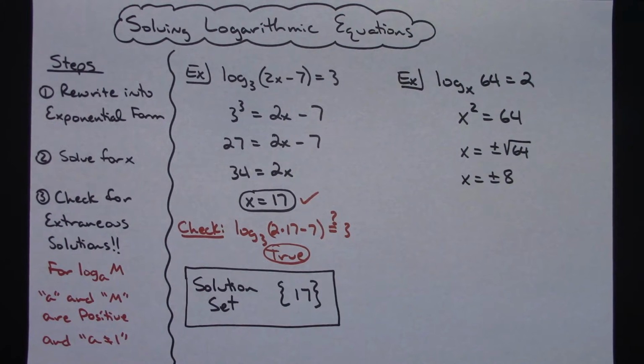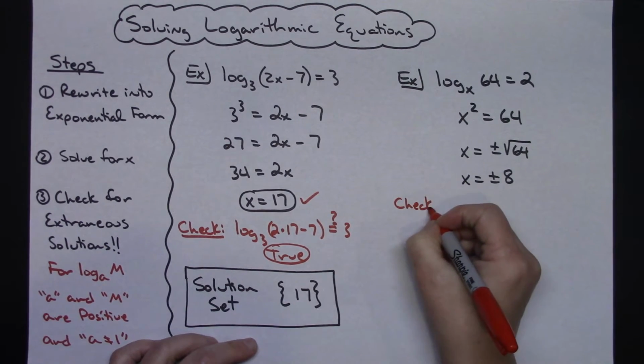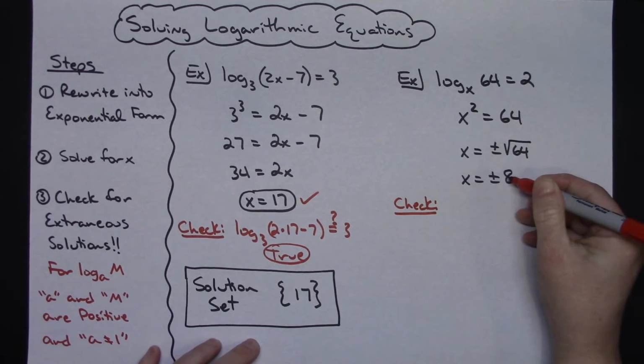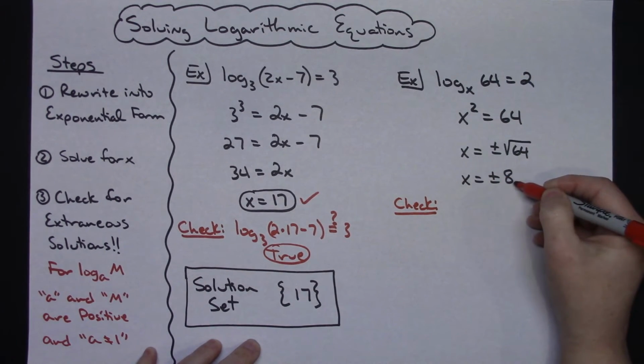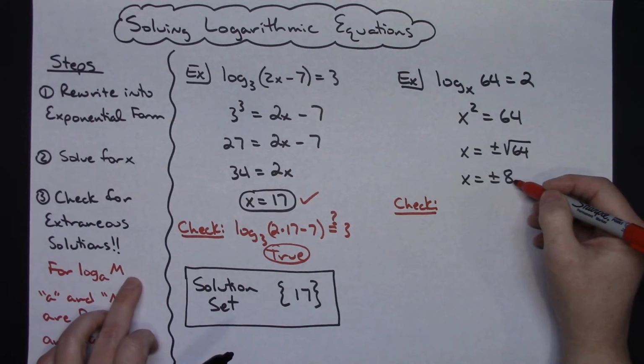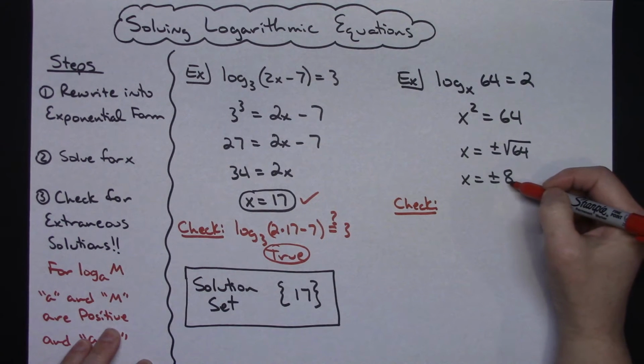Now I need to make sure and do my checking here. First off, the x is the base up here, and I've got plus or minus 8. Well, we said that both our base and what we were taking the log of need to be positive, so I'm solving for my x, which is a base, and I get a negative 8, so right away I can discard the negative 8.